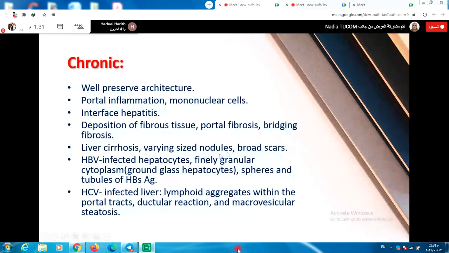Liver cirrhosis, or formation of various regenerating nodules, scarring and laying down of a lot of fibrous tissue.